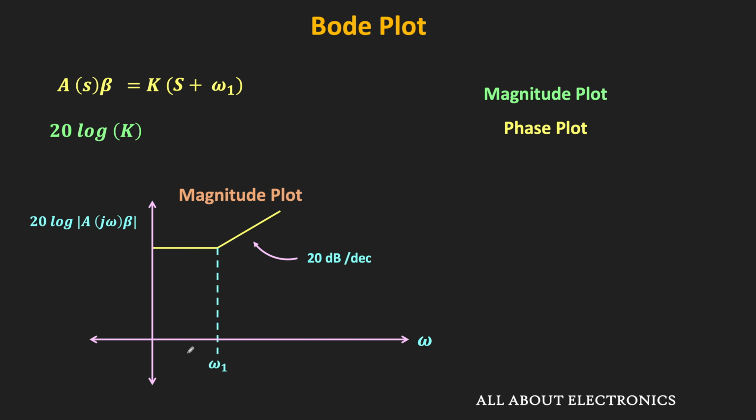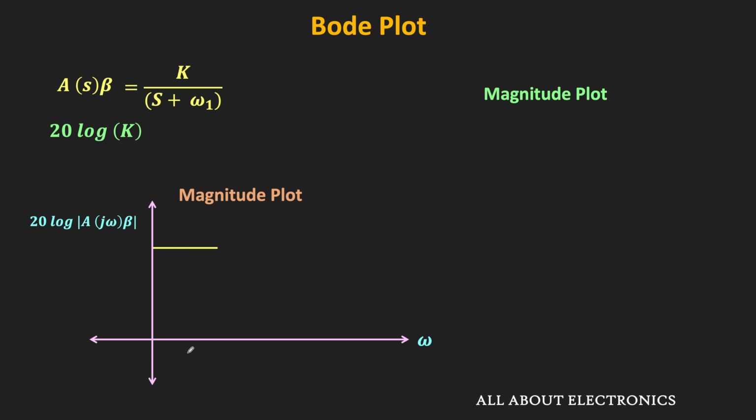On the other hand, if we encounter a pole at omega 1, then after this frequency omega 1, the amplitude of the plot will reduce at the rate of 20 dB per decade. That means the slope of this plot is equal to minus 20 dB per decade.